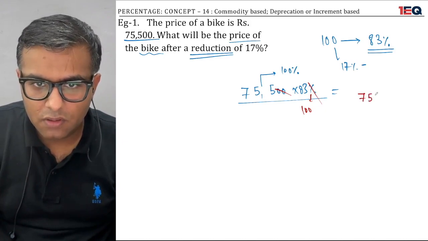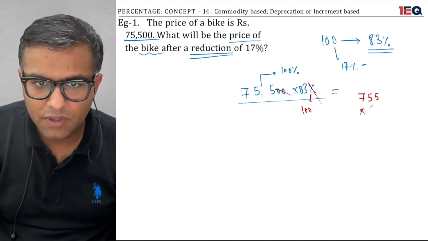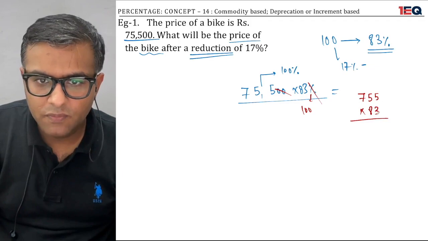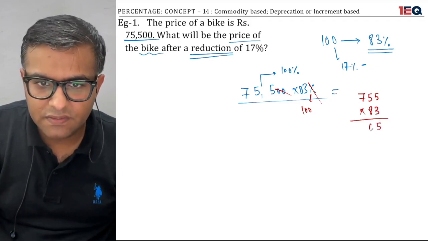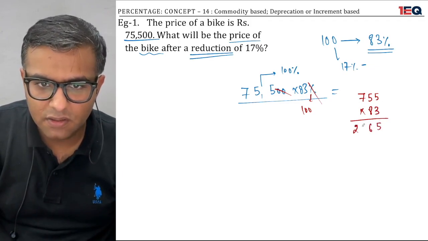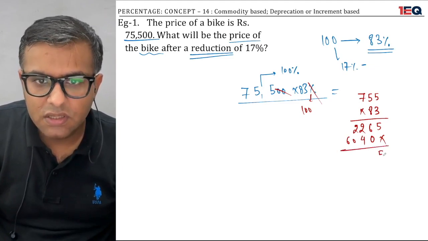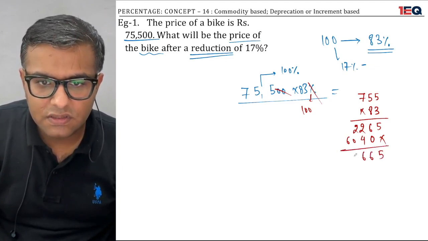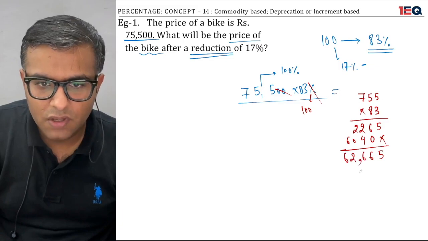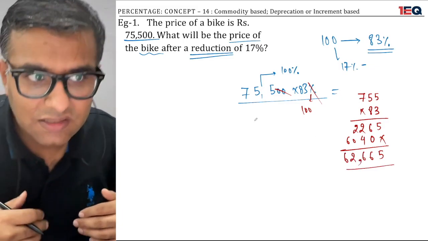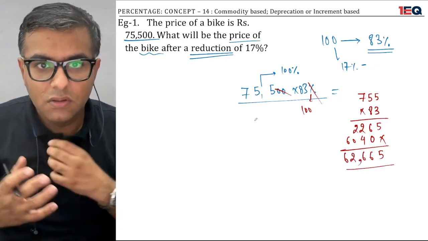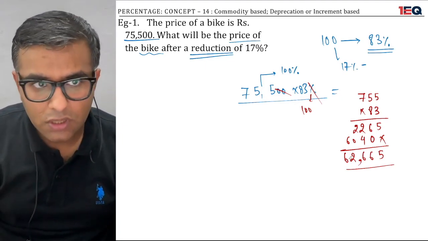Now, this can be multiplied pretty easily. 3 5s are 15, 3 5s are 15, another 1 is 16, 3 7s are 21, another 1 is 22. Multiplied by 8: 8 5s are 40, 0 and 4, 8 5s are 40, 44. 4 ahead, 8 7s are 56, 56 plus 4 is 60. Now 5, 6, 6, 6, 2. So this is the new price of the bike, which is now the reduced price of the bike. Cool. So, thank you.